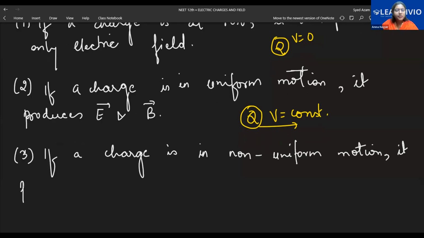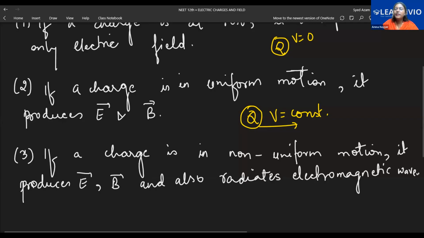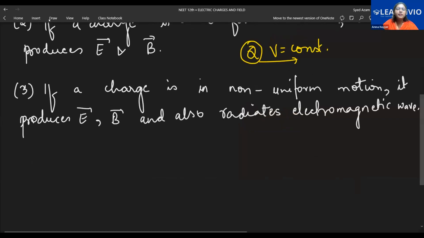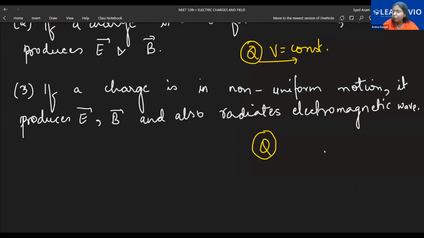So it produces electric field, magnetic field, but it will also radiate electromagnetic waves. So this third case means you have the charged particle present and it is still moving with some velocity, but this velocity is not constant.